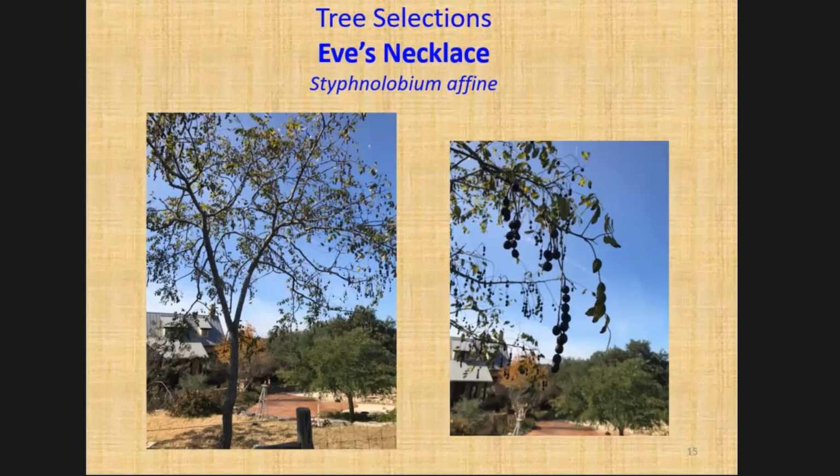So Eve's necklace is a tree that grows about 12 to 20 feet tall. It's a cousin to the Texas mountain laurel. The striking feature is the seed pods, which start off as a purplish flower and then turn into black seed pods that are connected and look like a necklace, hence the name.